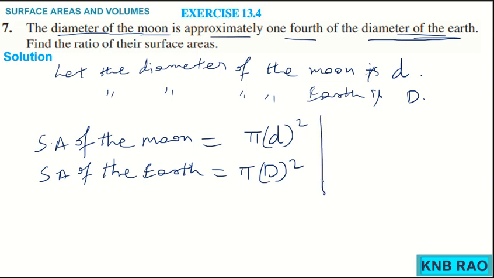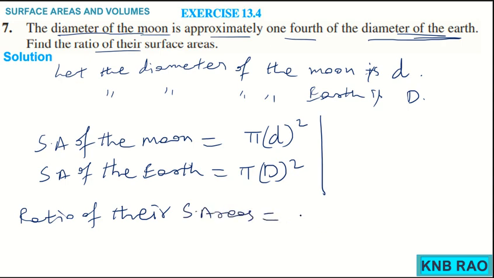Okay. Now, they are asking us to find the ratio of their surface areas, that is pi small d square is to pi capital D square.